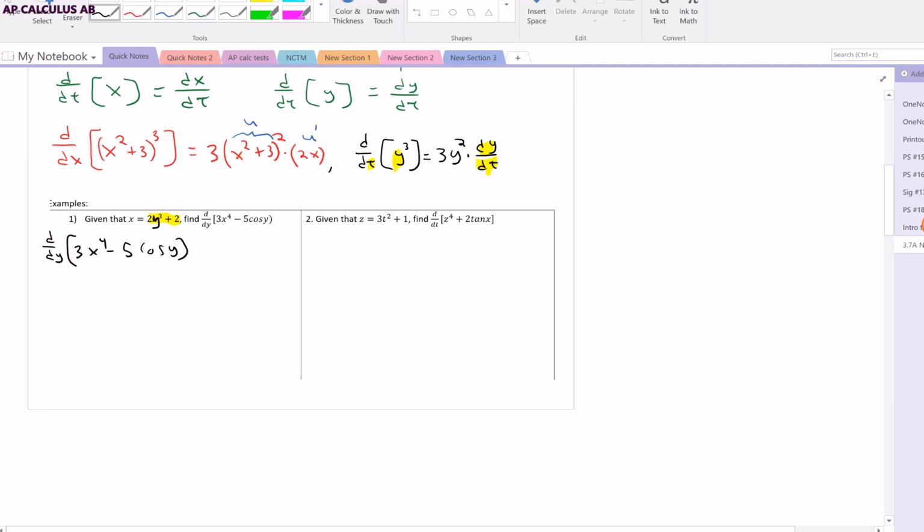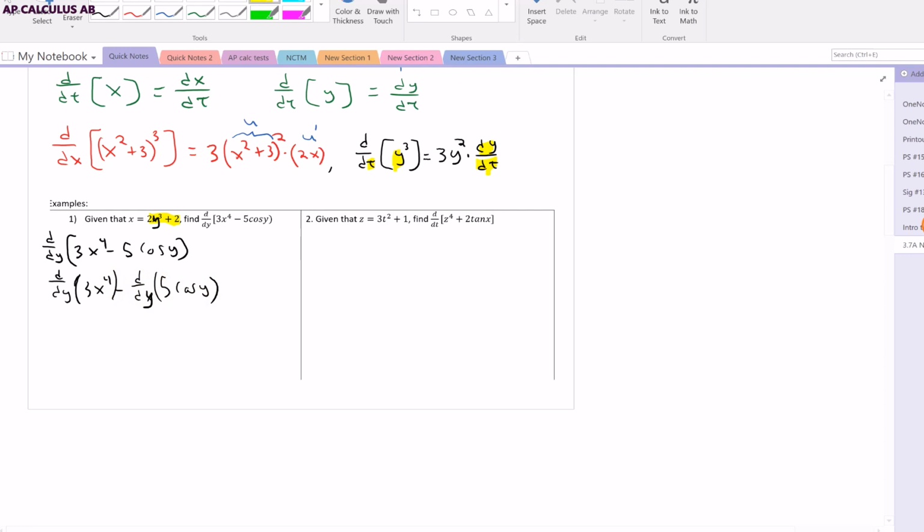Right, again, you can just think about this as kind of like multiplication. So this d dy is going to distribute to everything inside these parentheses. Oops, this is a y.